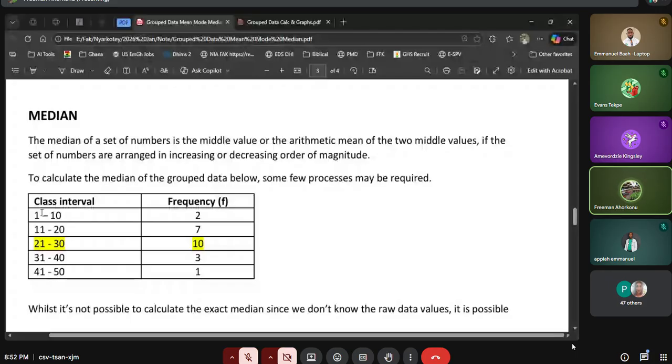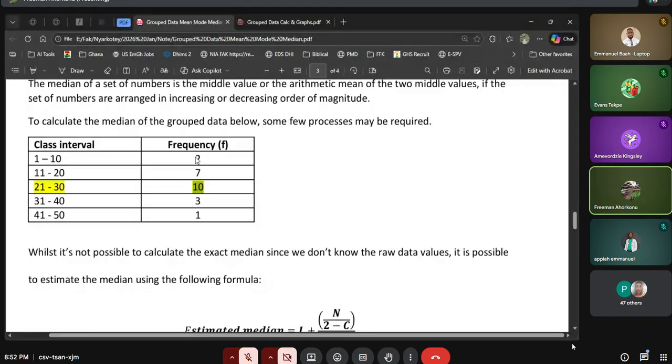The frequencies before the median class are 2 and 7. So we have to add them. We are adding 2 to 7, and that gives you 9. So we have our C. Then F is the frequency of the median class. I should have made it F sub M.